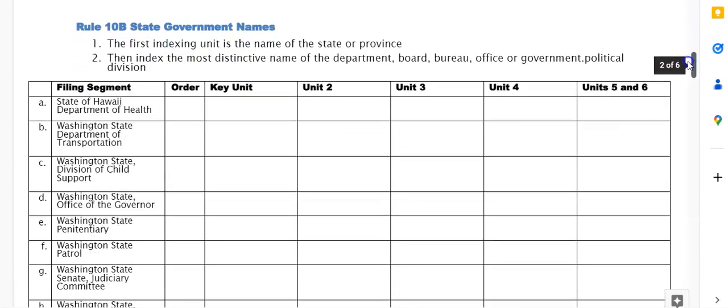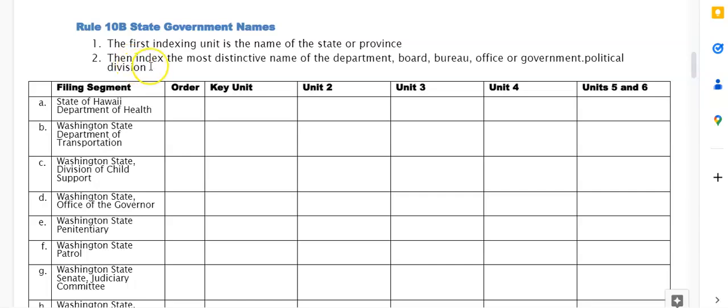Now let's take a look at Rule 10B, which deals with state government names. This is similar to local and regional government agencies, but in this case, the first indexing unit, or key unit, is the actual name of the state or province.